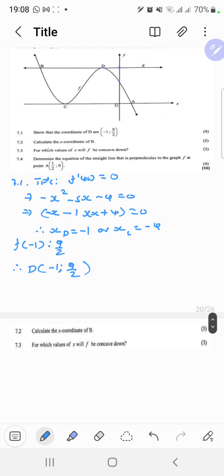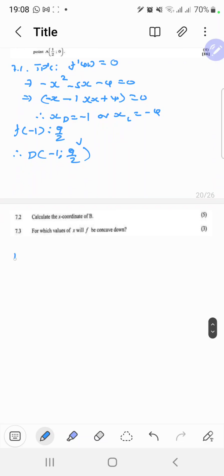Okay, so the next one says calculate the x-coordinate at B. So you can see that at B we have the same elevation as point D, meaning that value is the same. So we can say B is such that 9 over 2 is equal to minus a third x cubed minus 5 over 2x squared minus 4x plus 8 over 3.